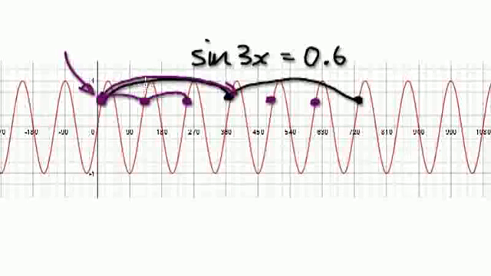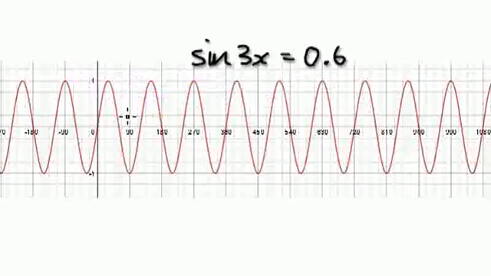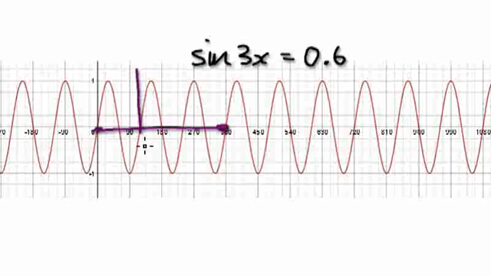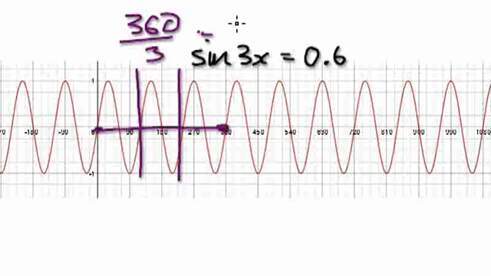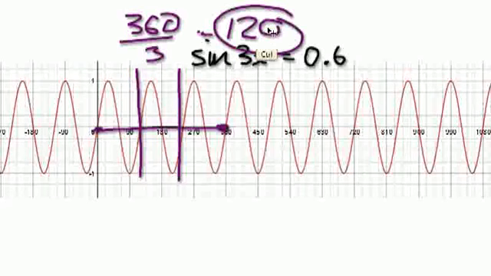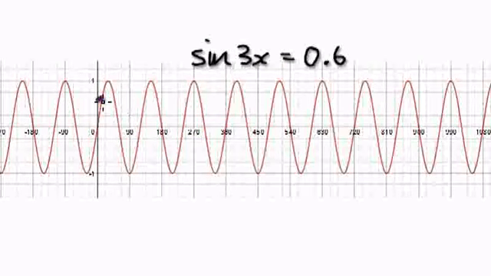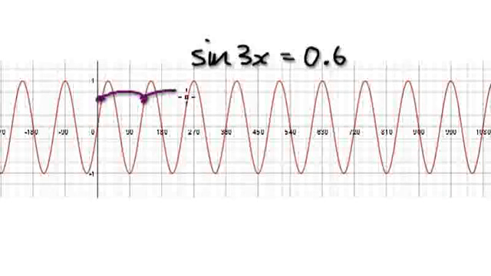You have to add, well, if from here to here is 360, we'll cut it into 3 equal pieces. So basically it's going to be 360 divided by 3, which is 120. So once you've got your solution here, you have to add 120, add 120, add 120, add 120.